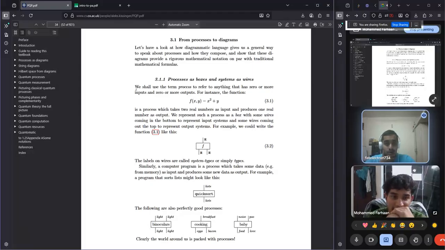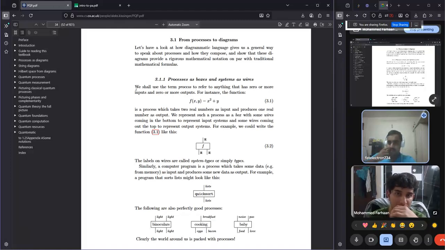Okay. Now, processes as boxes and systems as wires. I have some interesting comments on this. We shall use the term process to refer to anything that has 0 or more inputs and 0 or more outputs. For instance, the function f(x, y) = x squared plus y is a process which takes two real numbers as input and produces one real number as output.